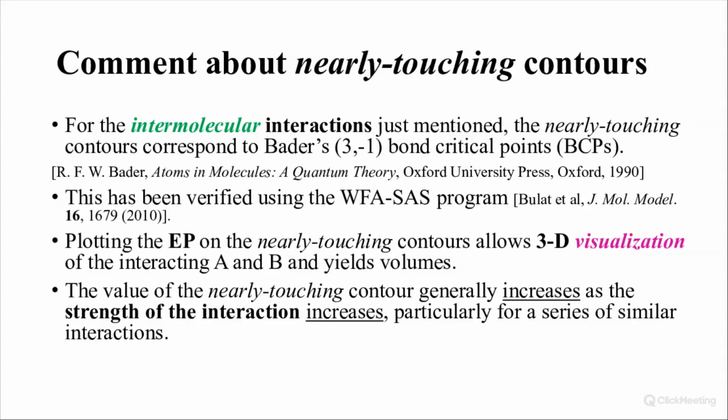I can verify the presence of the bond critical points with the program I use, but it allows me to have a 3D visualization of what's happening. And generally, the value of the nearly touching contour is larger as the strength of the interaction increases.